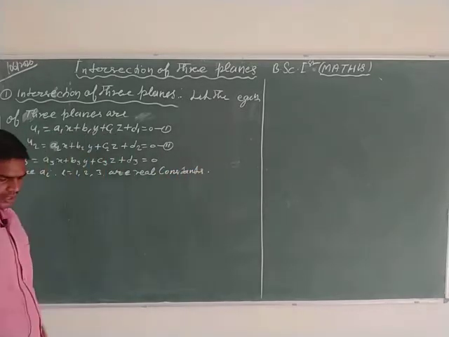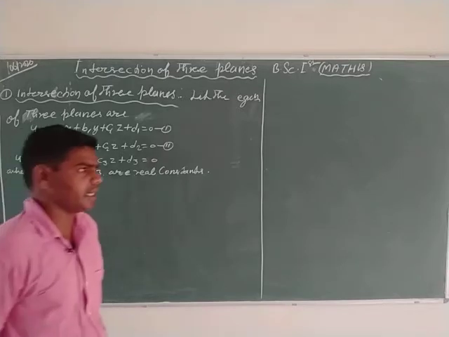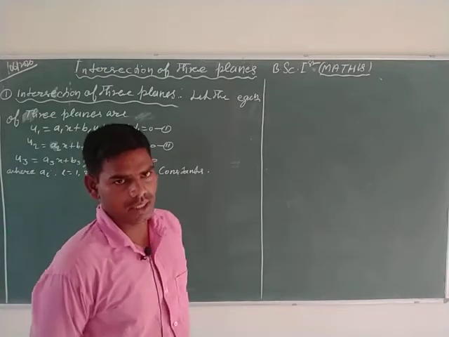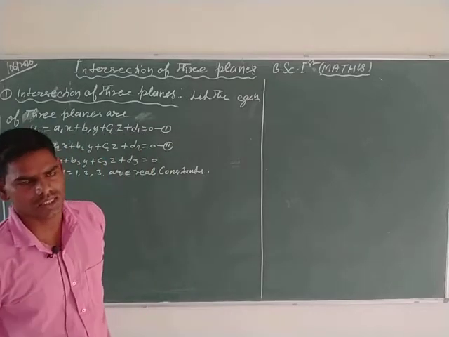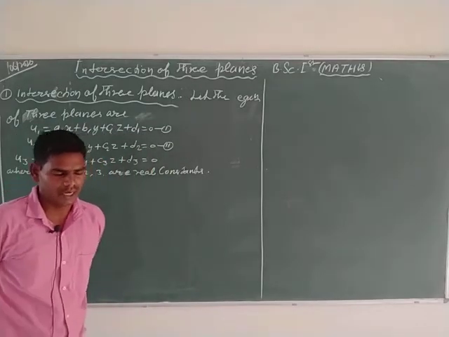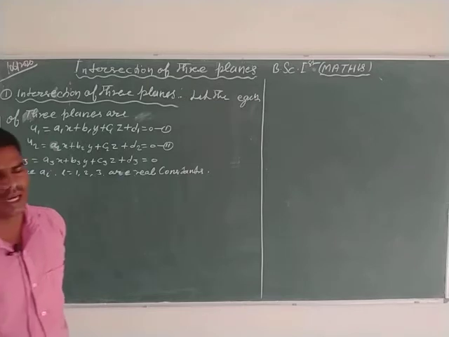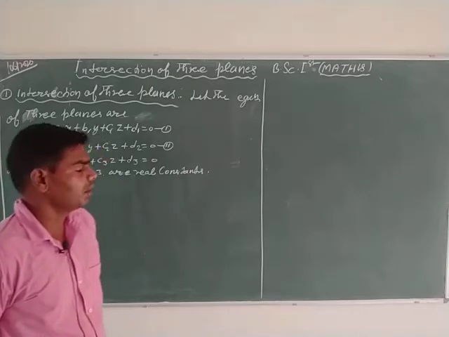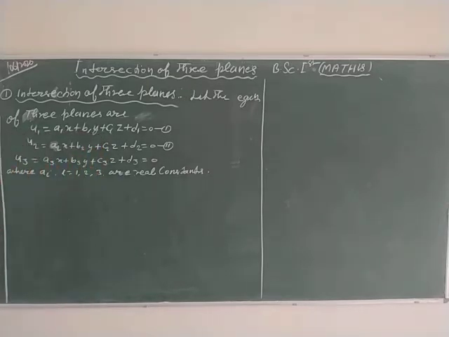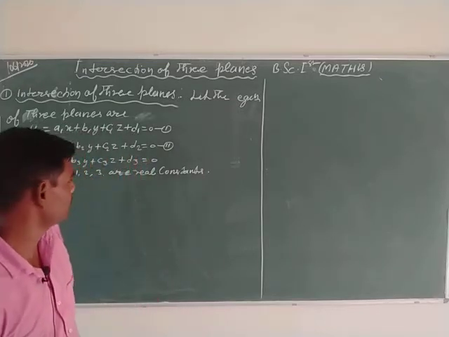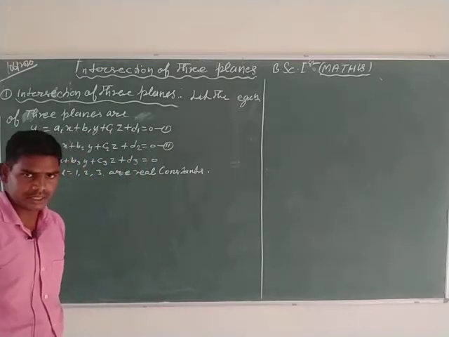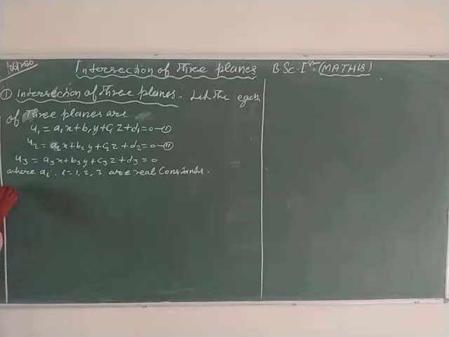So in these equations, a1, a2, a3, b1, b2, b3, c1, c2, c3 and d1, d2, d3 are real constants in the plane equations. First write the capital D, which is made from the coefficients of x, y, z and the constants.